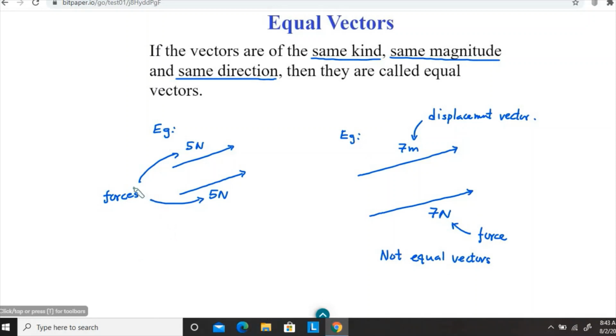However, the first example that I showed you, they are equal vectors because they are of the same kind, their magnitudes are the same, and their directions are the same. All three conditions need to get satisfied if we want to have equal vectors.